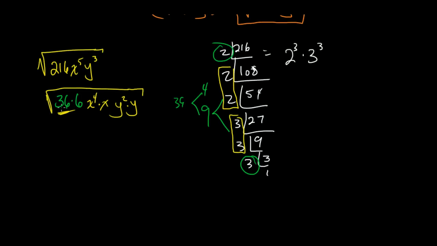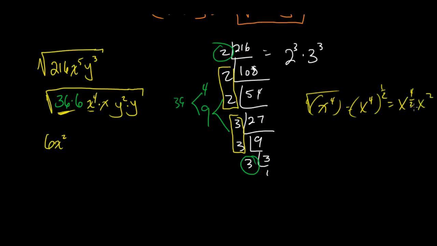So the square root of 36 is 6. The square root of x to the 4th is x squared. And remember what that means is x to the 4th, when I want to know the square root of that, that's x to the 4th raised to the 1/2 power, or x to the 4 over 2, which is just 4 divided by 2, x squared.